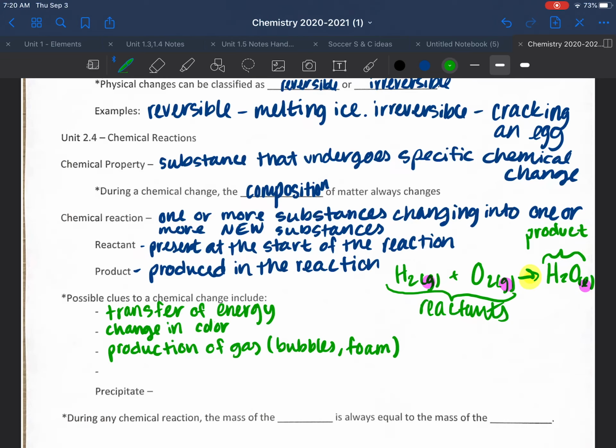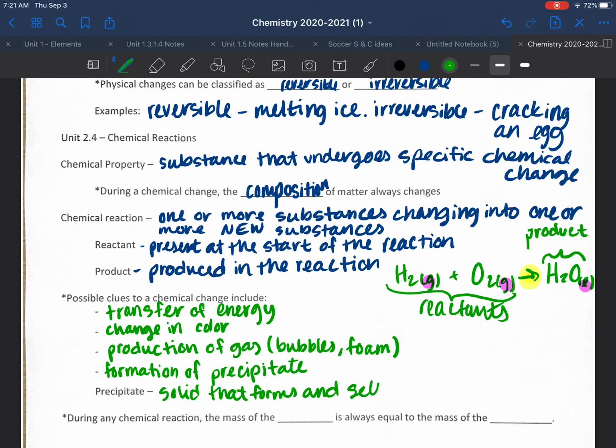And then last but definitely not least is the formation of a precipitate. And so a precipitate is more formally defined as a solid that forms and settles out of a liquid.